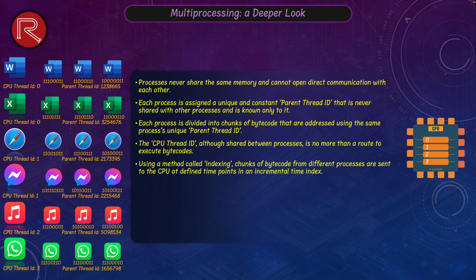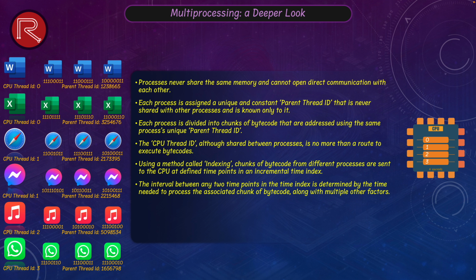Using a method called indexing, chunks of bytecode from different processes are sent to the CPU at defined time points in an incremental time index. The interval between any 2 time points in the time index is determined by the time needed to process the associated chunk of bytecode, along with multiple other factors related to the scheduler algorithm, CPU, and other hardware specification.